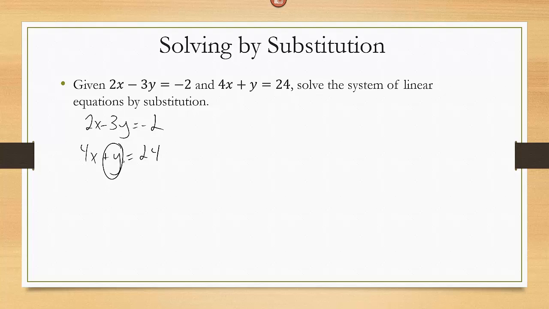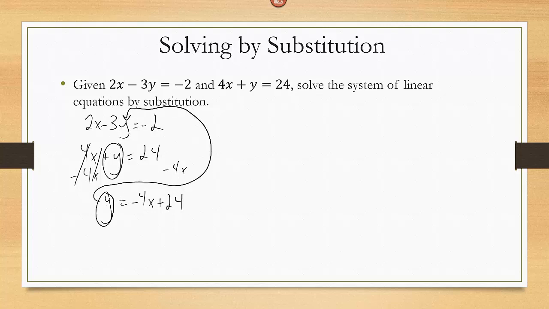So how do we get y by itself? We're going to subtract 4x from both sides. So minus 4x minus 4x. Then we're left with y equals negative 4x plus 24.